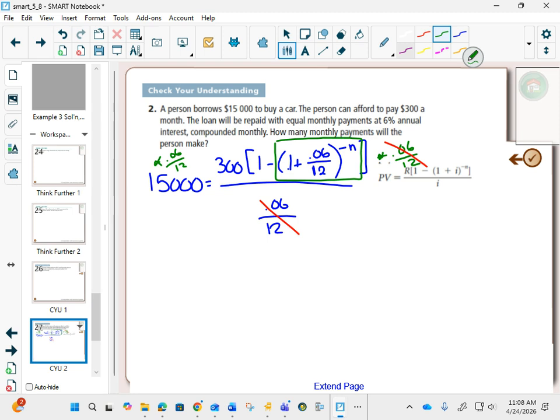Take out my calculator and do that. And I get 75. Rewrite everything else that's left.